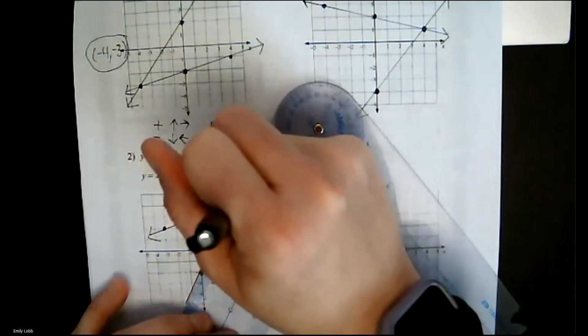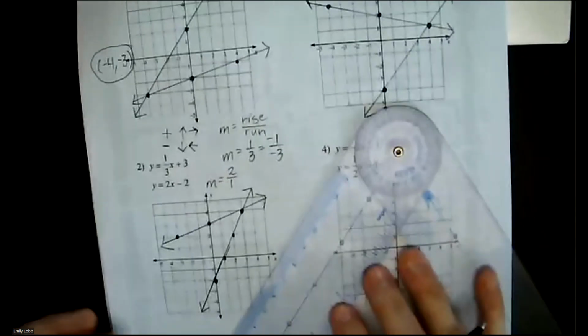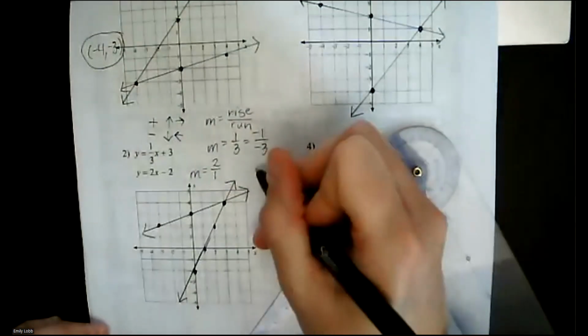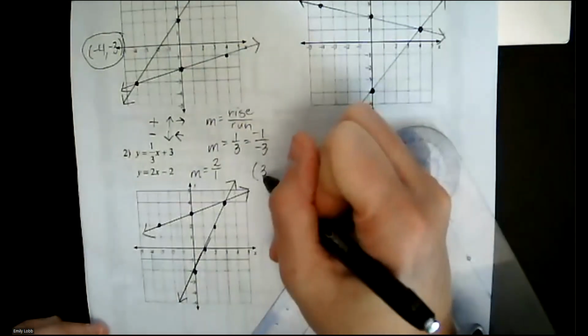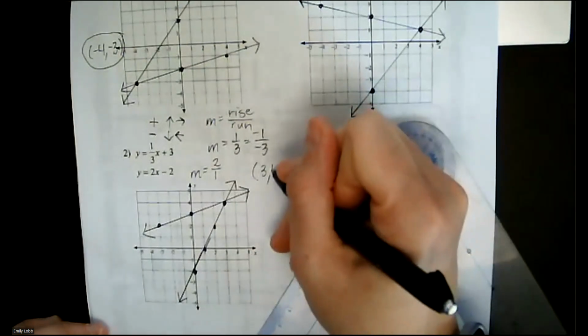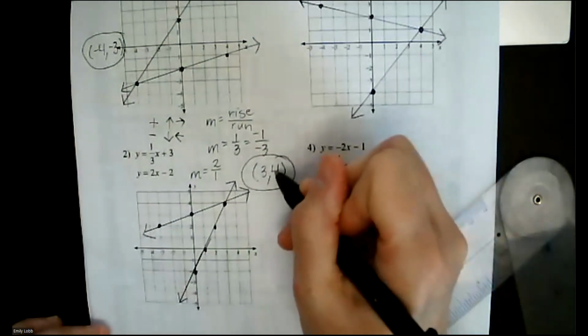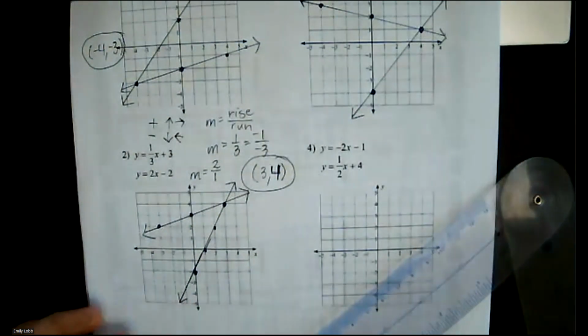Oops. Problem of only having one good hand here. Sorry about that. All right, so our point of intersection now is at an x value of 3 and a y value of 4. So this is our answer to that question. Sorry, my 4 is wonky.